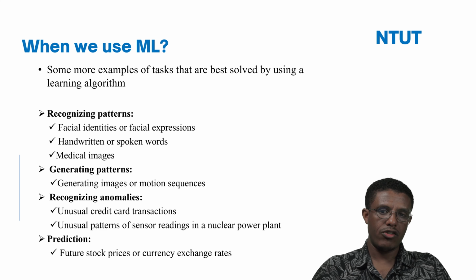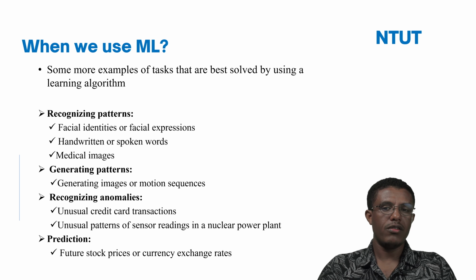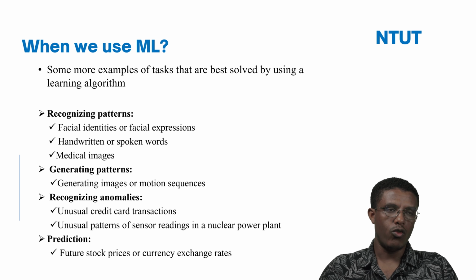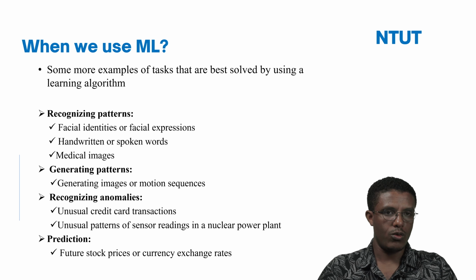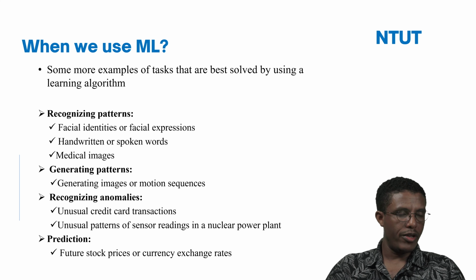Another is handwritten or spoken words. That means recognizing handwritten characters, and also voice recognition of spoken words. When I speak, for example, the model can detect what I'm saying, like the characters or the topics. And then medical images.